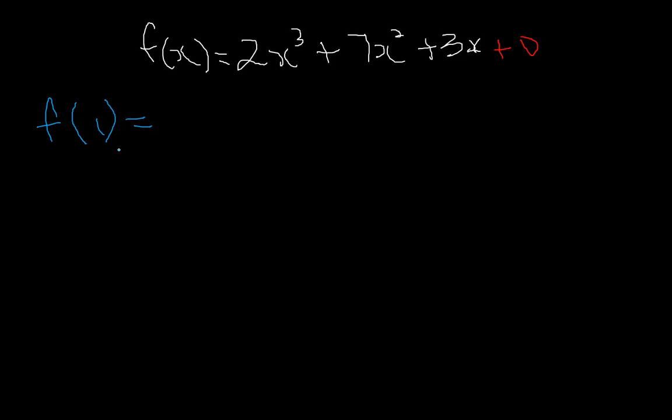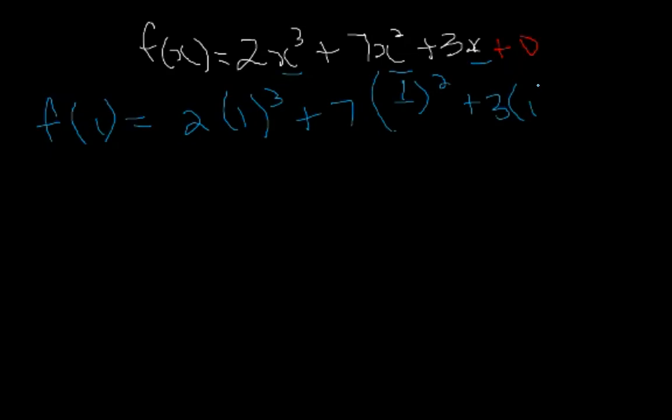If I'm finding f of 1, that means wherever I see x in this polynomial expression, I'm going to substitute it with 1. So that's 2 times 1 cubed plus 7 times 1 squared plus 3 times 1. What am I going to get?